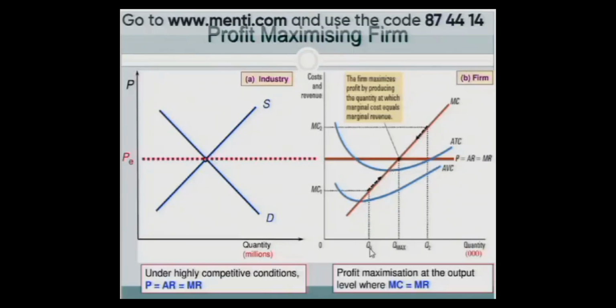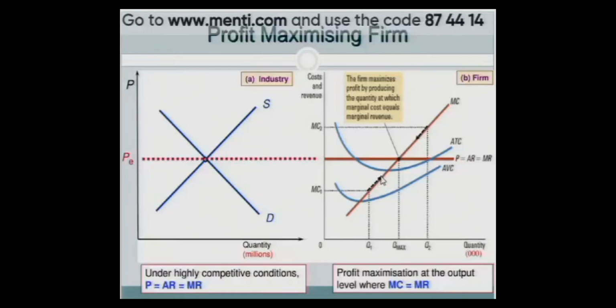Now let's start with this point, Q1. Notice that Q1 units are supplied at the marginal cost of this amount, but this marginal cost is less than the marginal revenue the firm is getting for these products. So there's an incentive to produce more, because even if they produce more, they are still making profit here. Marginal revenue is more than the marginal cost. So each additional unit they produce brings profit.